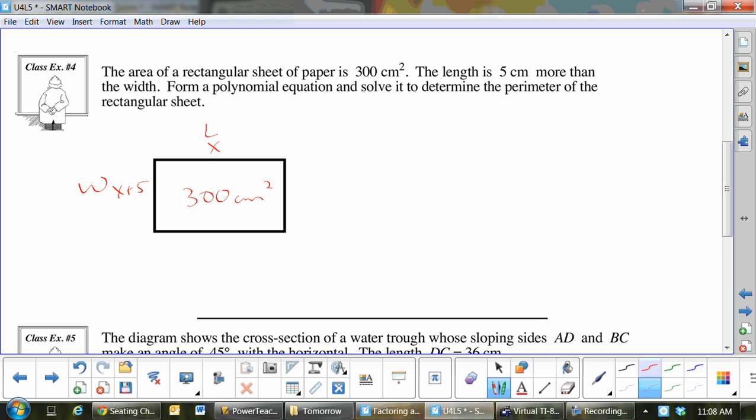Yeah? But would this make sense? Is this, the length is 5 meters more than the width? Yeah. Now, I'm just throwing this out there. I would never do it this way. Okay? How do I think? This is how I would think to do this question. It just makes more sense.